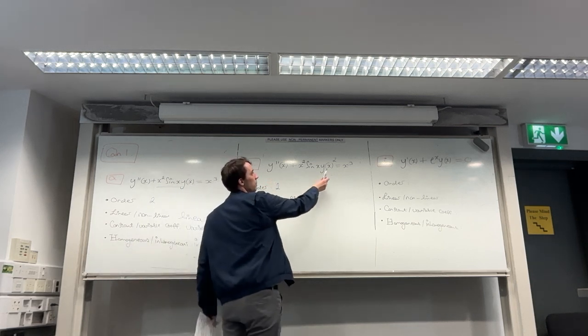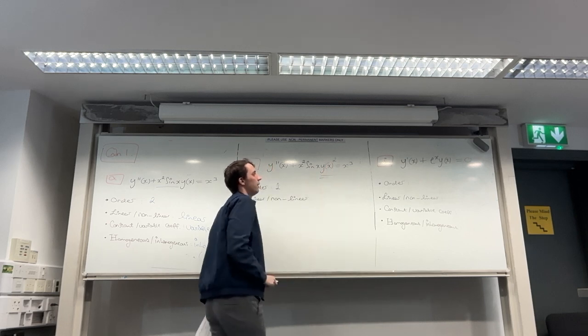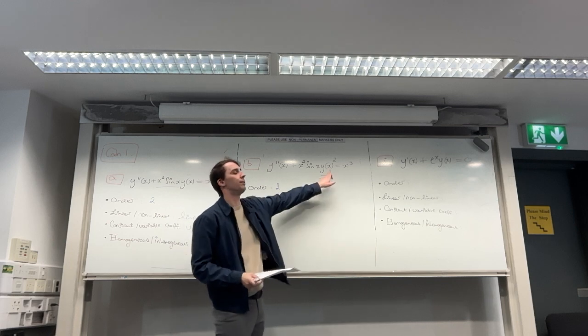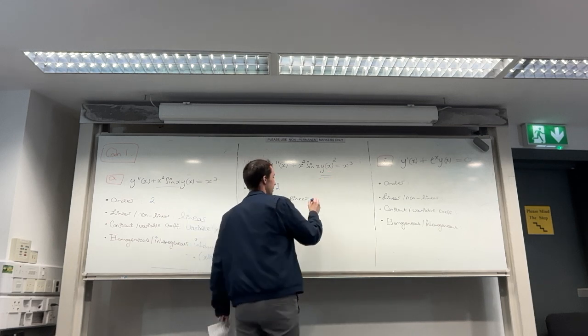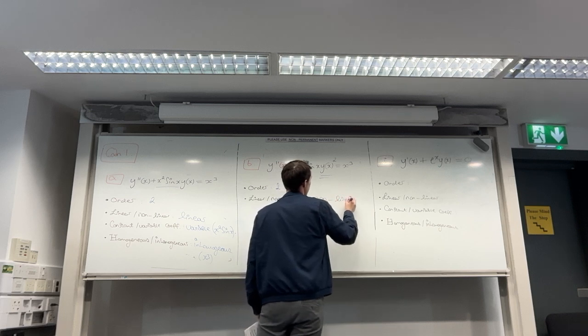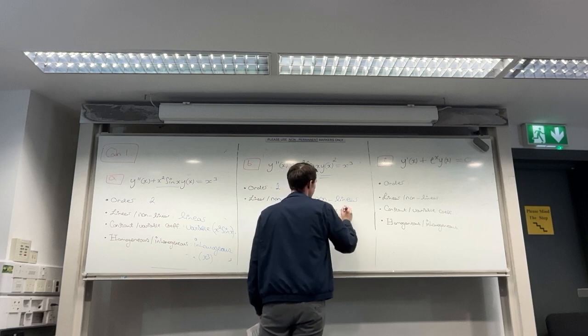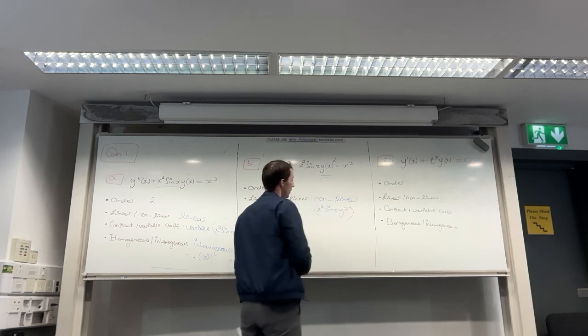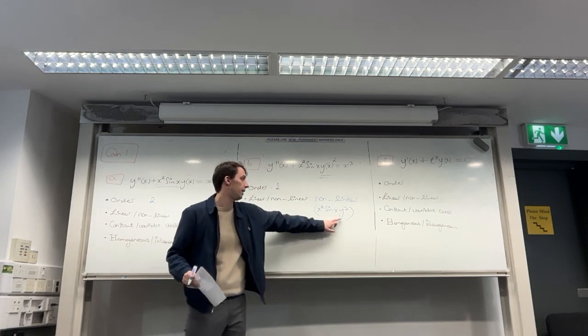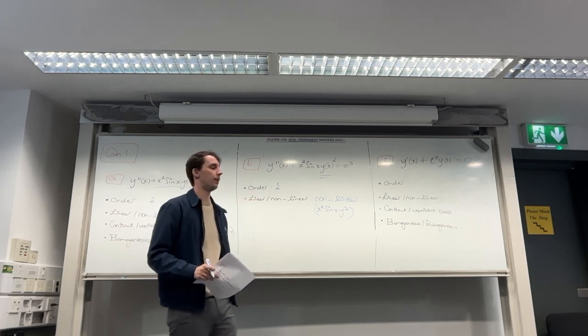The second term is non-linear in y because we have a y squared. So because this second term is non-linear in y, this equation would be non-linear. And that's because of the x squared sine of x y squared term. We have a non-linear term in y, hence the ODE is non-linear.